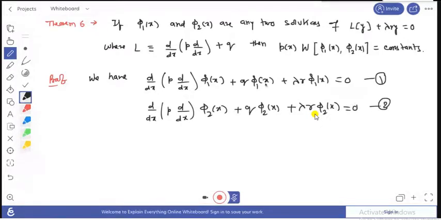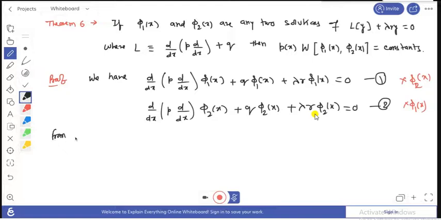Now, to eliminate this term, we multiply the first equation by phi2(x) and the second equation by phi1(x), and subtract the two.